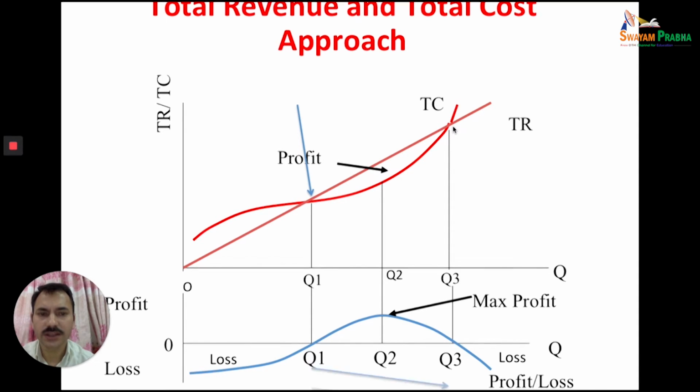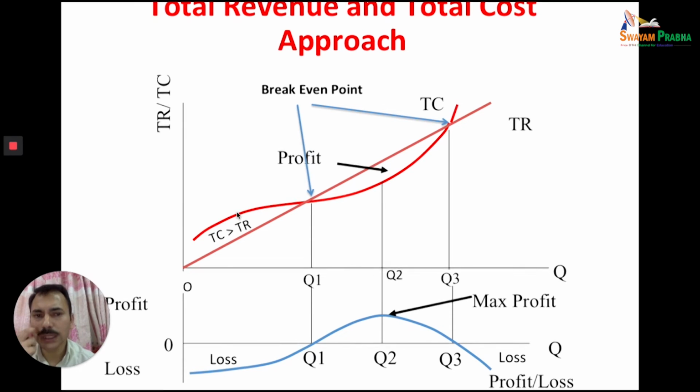Again, there is another point where total revenue equals total cost. These 2 points are known as the break-even points, where total revenue is equal to total cost. There are 2 break-even points, this and this.